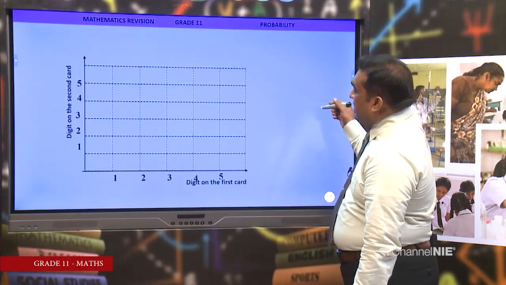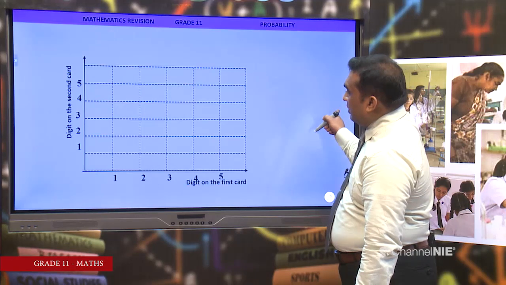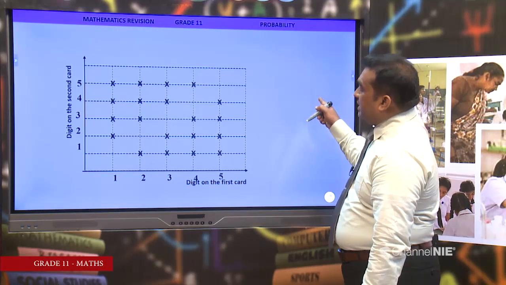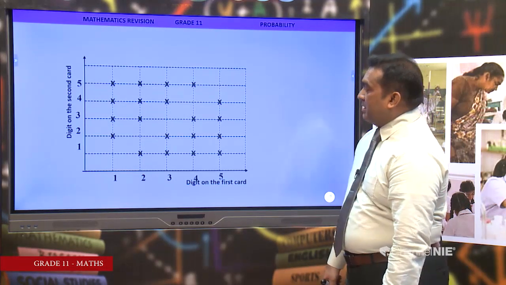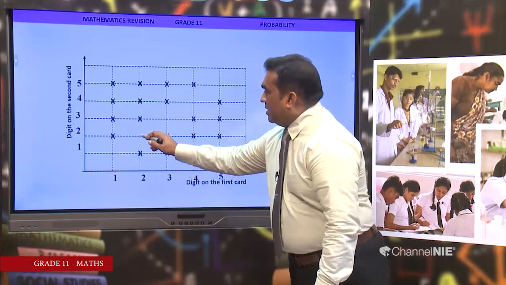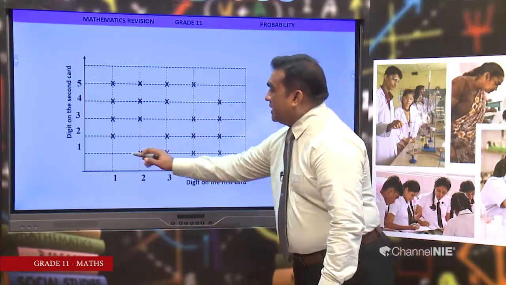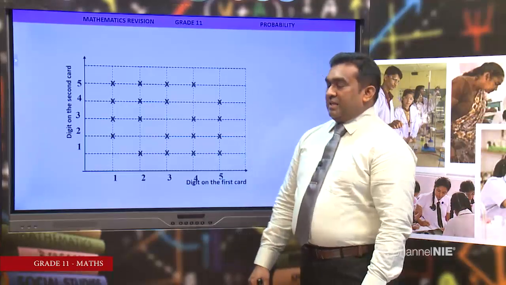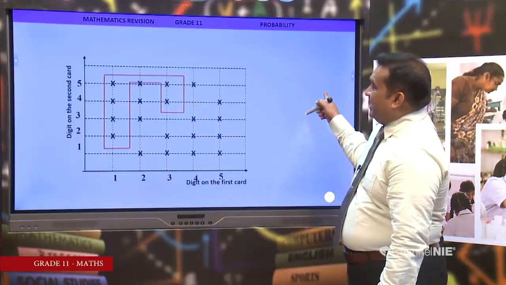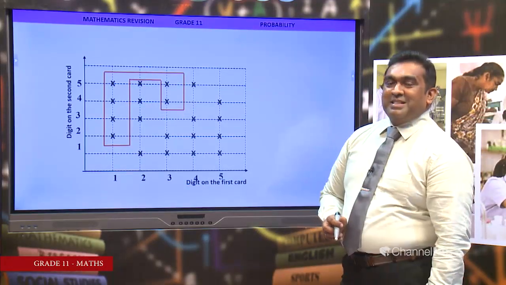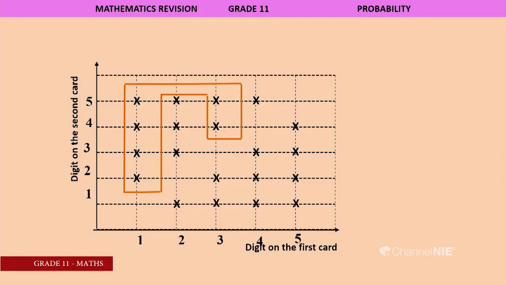This is the grid. Now, this is the sample space. Different digits, no same digit, right? Okay, this is the event according to the given condition. Odd one. Can you remember? First digit odd.